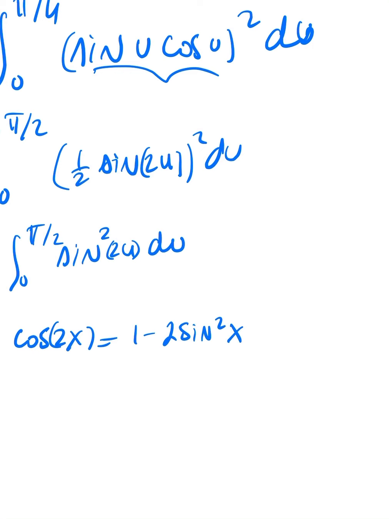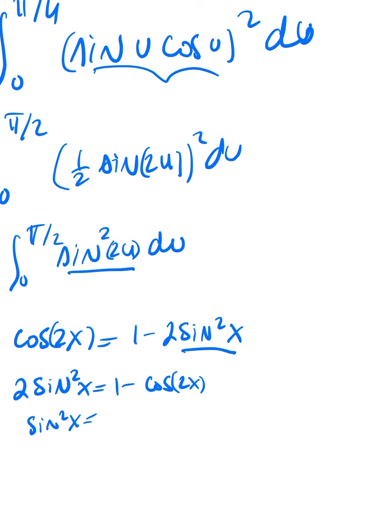The reason I'm doing this is I'm going to try and get sine squared of whatever right here. So 2 sine squared of x equals 1 minus cosine 2x. Therefore, sine squared of x equals 1 minus cosine of 2x over 2. So far, so good?